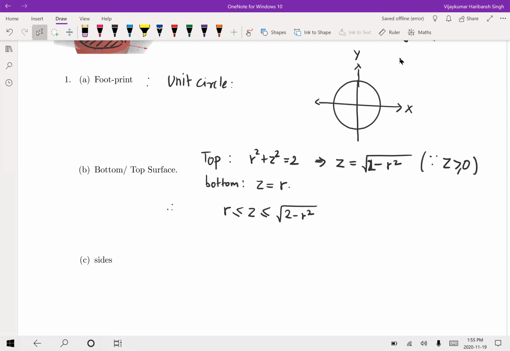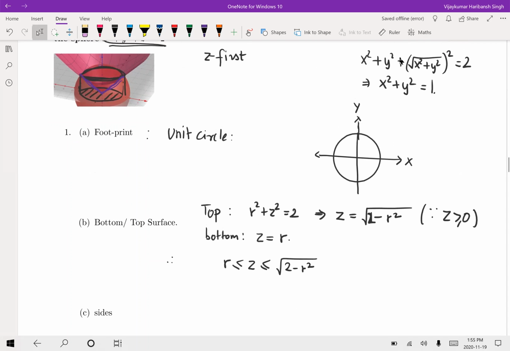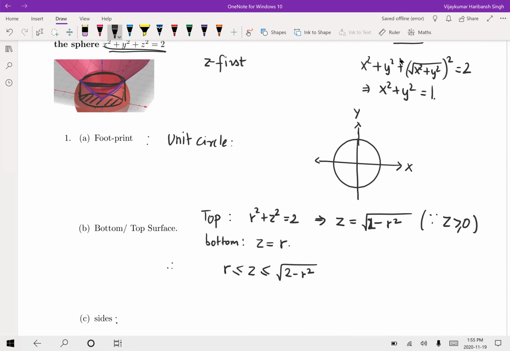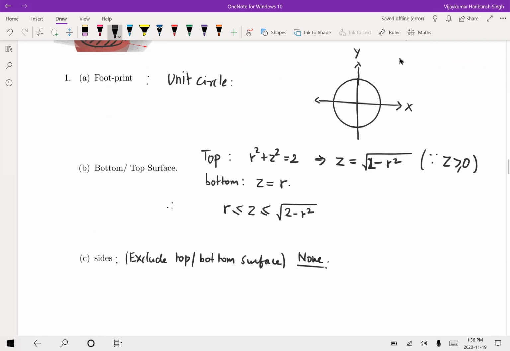Now what about the sides, excluding top and bottom surface? Well, there are no sides excluding top and bottom, so there is nothing to think about there.